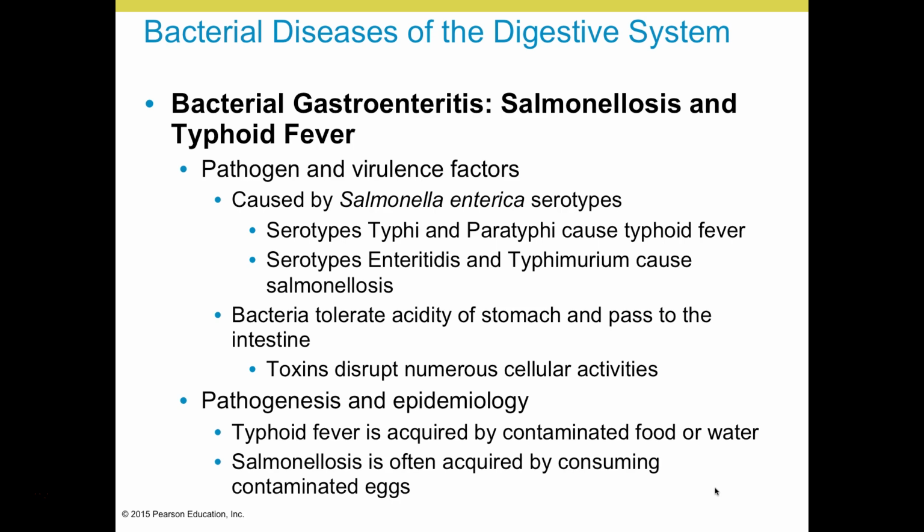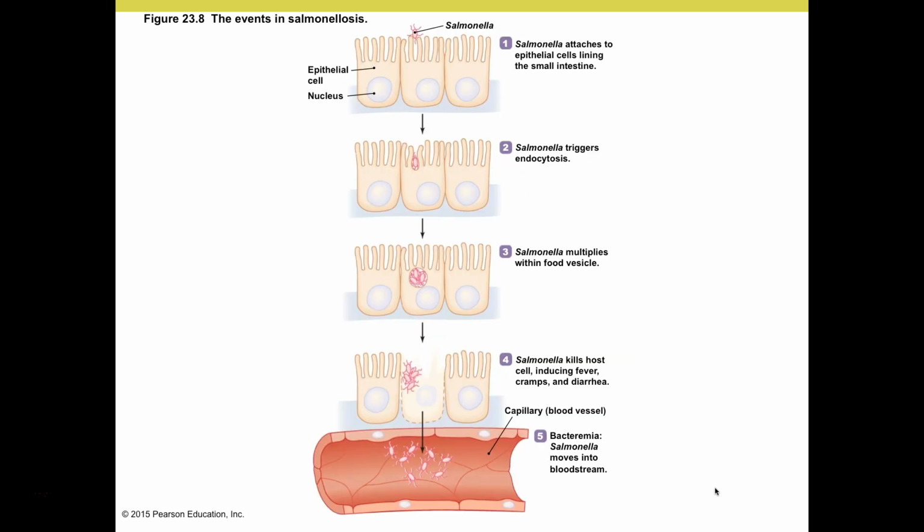And there's salmonellosis, which is another case, from bad or contaminated eggs. The mechanism is pretty much the same as you have already seen in other pathogens. And finally, they move into the bloodstream and spread out.